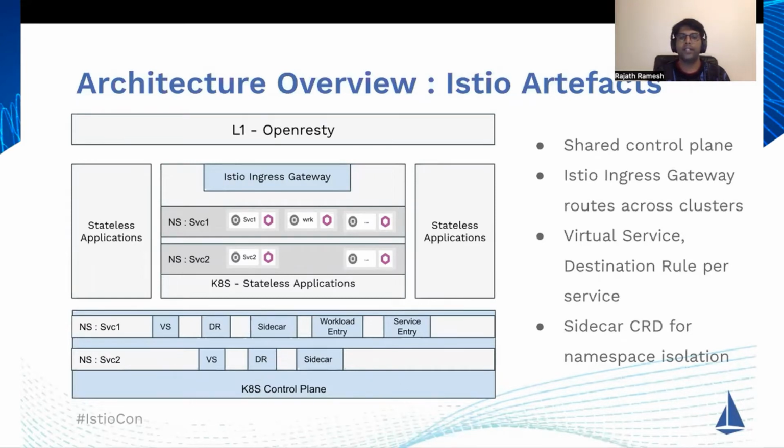Workload entry and service entry are optionally used when there is a use case where a service has to talk to a component outside the Kubernetes cluster, probably data stores included into the mesh.